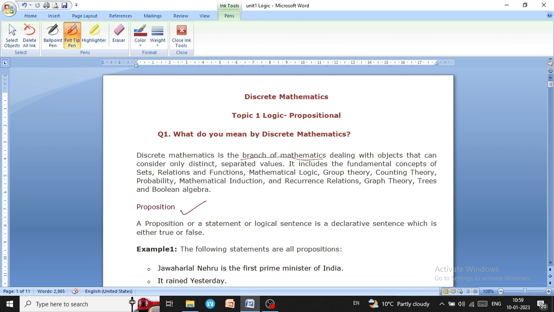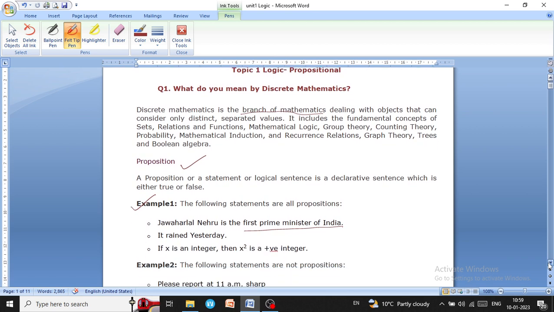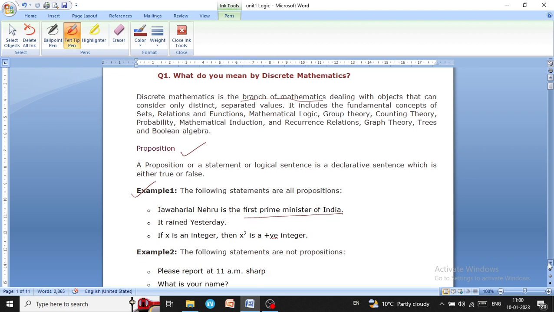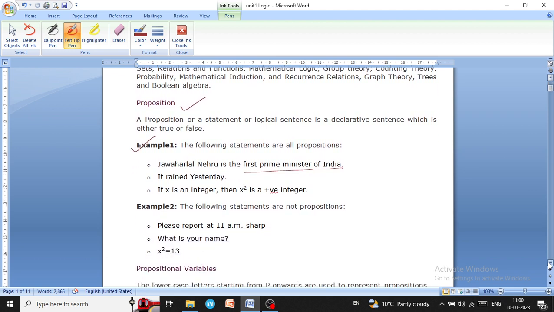For example, Jawaharlal Nehru is the first Prime Minister of India. This declares that Jawaharlal Nehru is the first Prime Minister of India. Is it true or false? It's true. The next statement is: it rained yesterday.